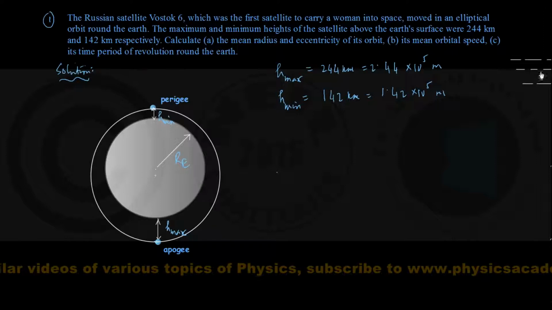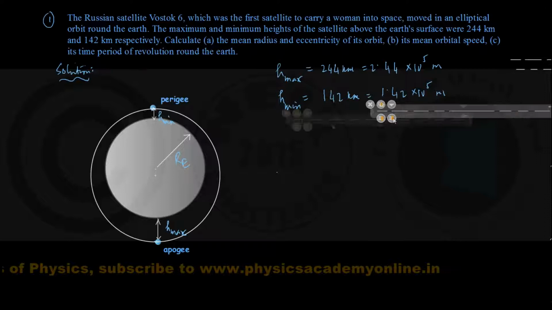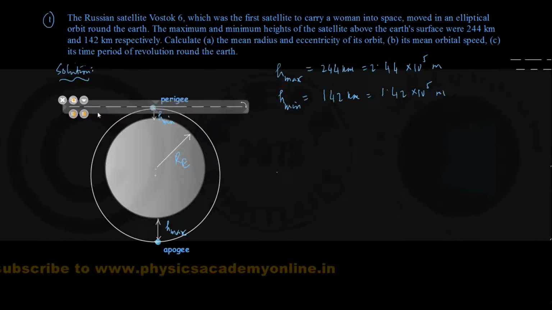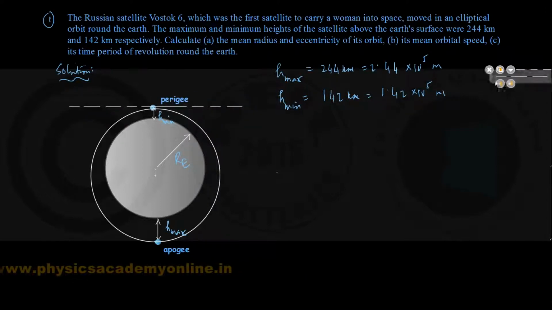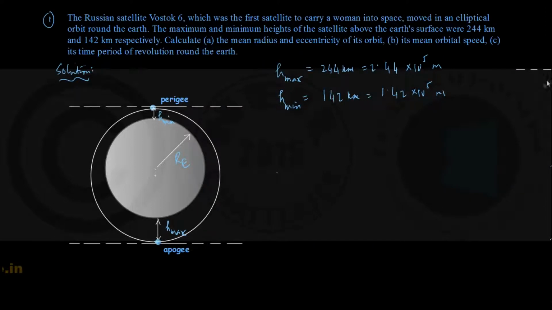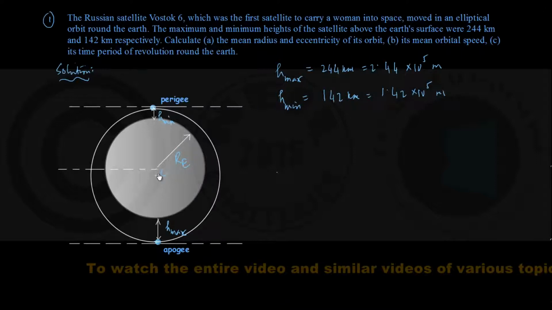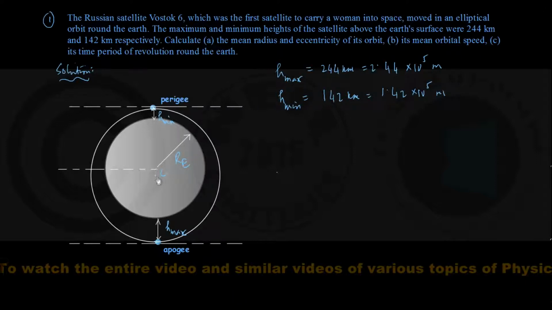Therefore, if I could show some dimensions more in my figure, this is the perigee position and this is the apogee position. I am drawing two horizontal lines through these two positions, as well as a line drawn through the center C of the Earth. You understand one thing, the center of Earth coincides with one focus of this elliptical orbit. That's important. There are two foci and one of them coincides with the Earth's center.